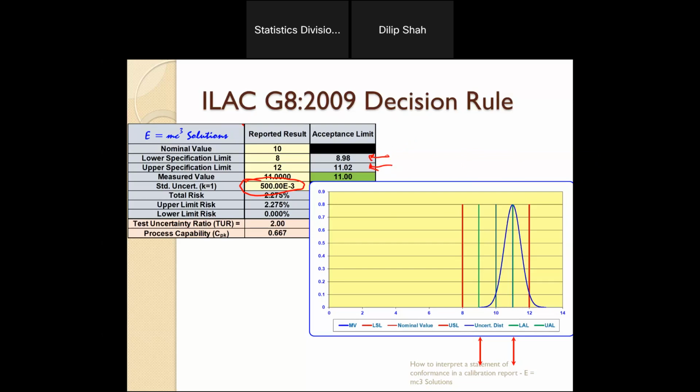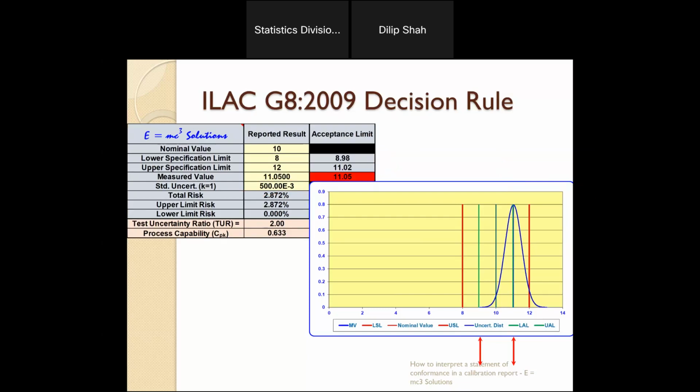And I am just barely at the limit, but if I'm anywhere beyond 11.02, then that decision rule will make me reject and not accept that measurement and that calibration. And I have to say it does not conform, or it fails if we use the traditional words of pass or fail. Okay, so this is how the decision rules help us make the conformance decision.